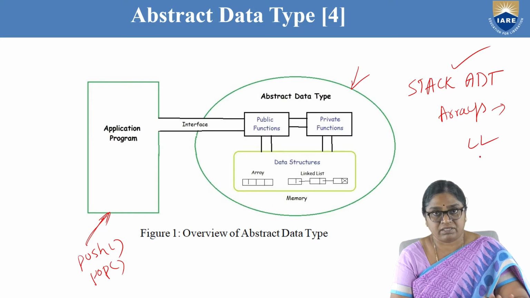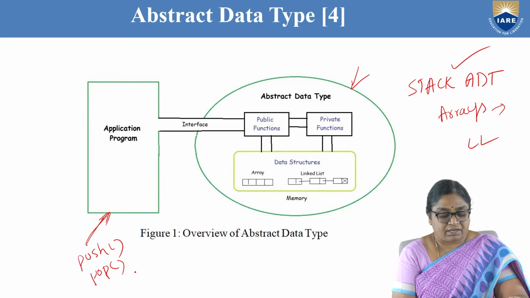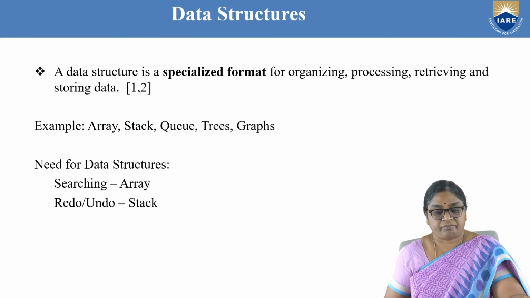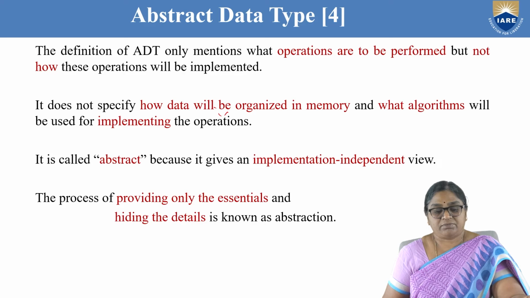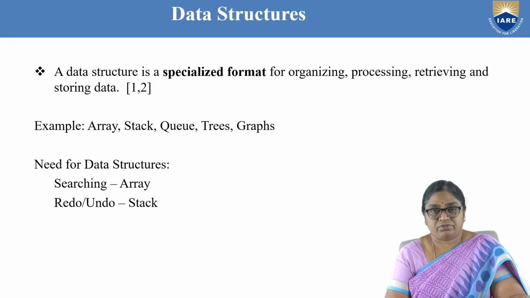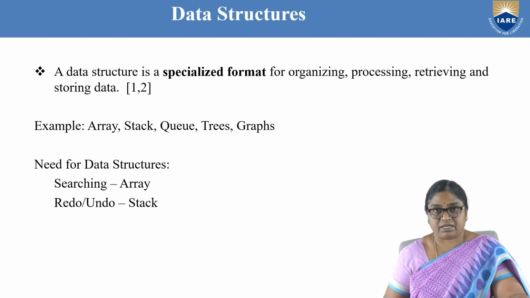It doesn't know about the changes of those implementations. It can access the push and pop like earlier. So there are three types: primitive data types, user-defined data types, and abstract data types.